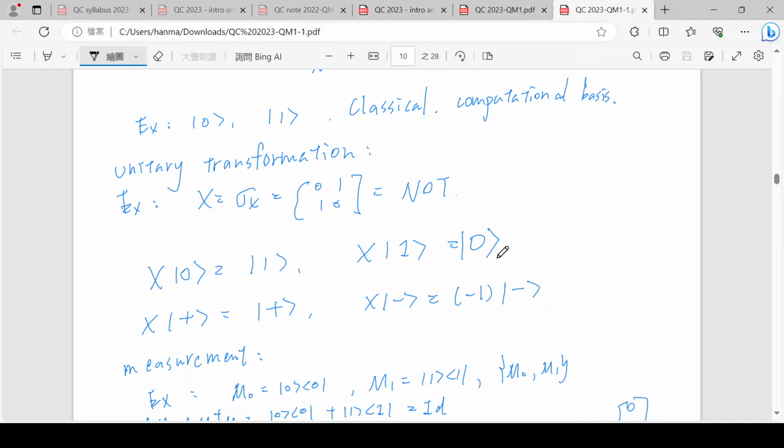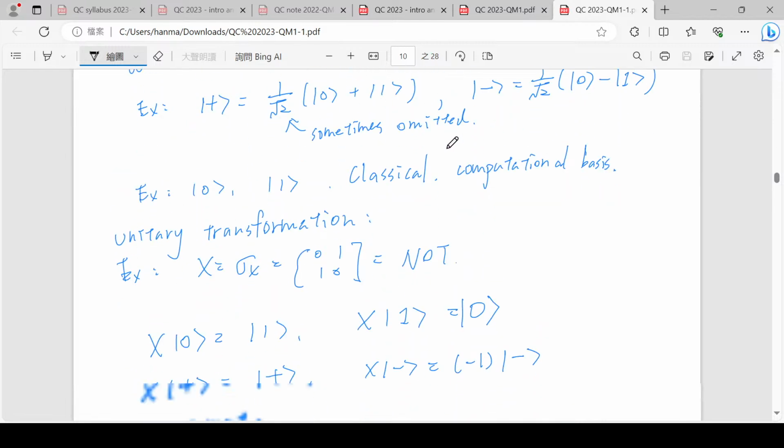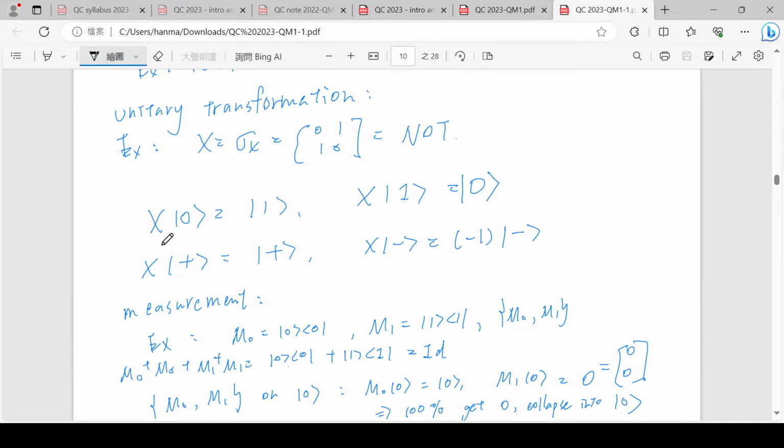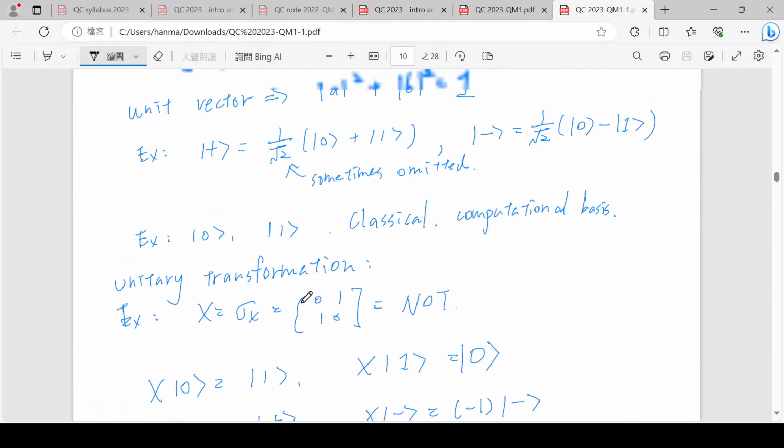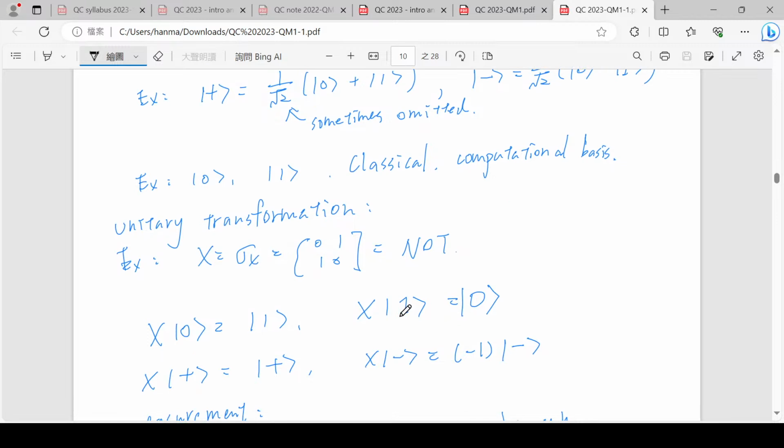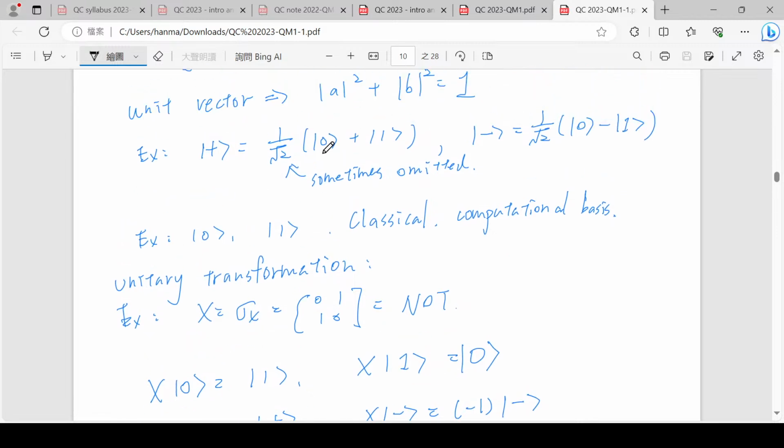But then if you apply X on the plus and minus states, then something interesting happens. We know these plus and minus states are eigenvectors of this X. When you apply X on plus, you actually get plus back, and you can see it from those equations we just talked about. So we know X will flip between 0 and 1.